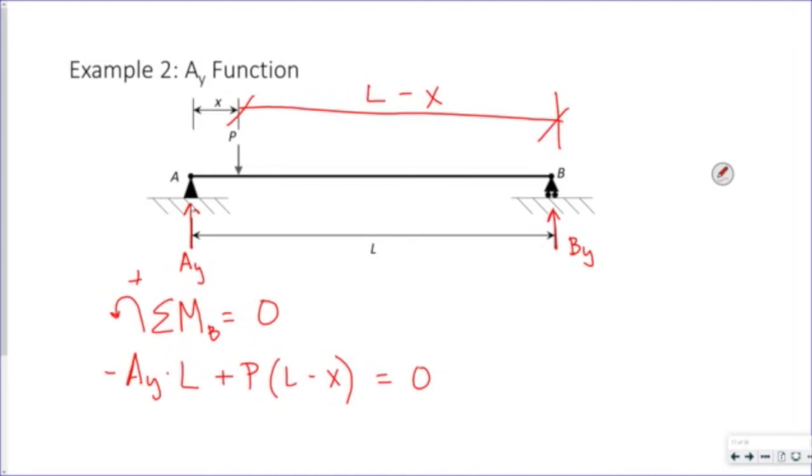Not the location at which I've cut my beam, not shear moment. So AY is equal to P times L minus X over L. There's my function. Voila!